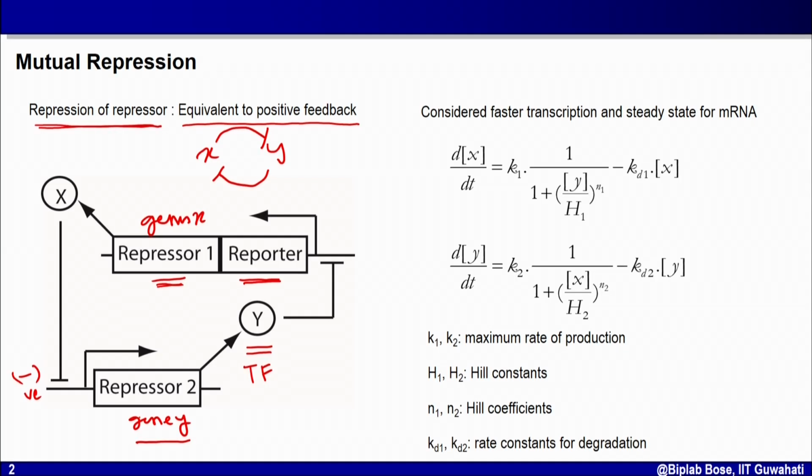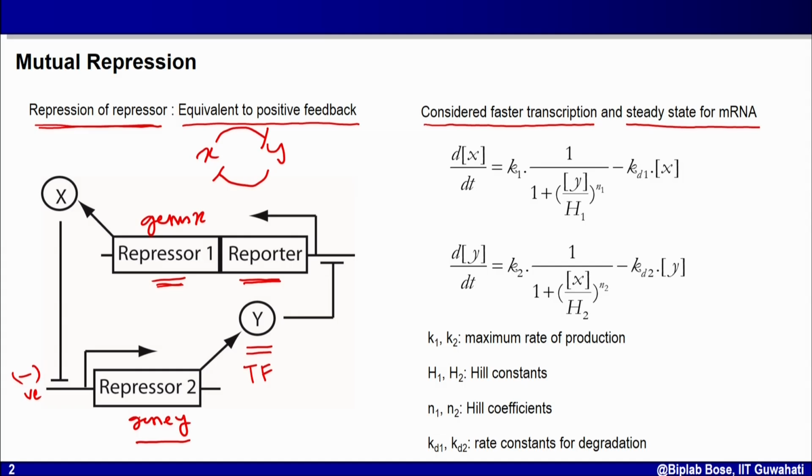One assumption that I will make here to simplify our model is that the transcription rate is very fast, and that's why the mRNA reaches steady state much before the protein can reach steady state. So the assumption that I am making is faster transcription, and that leads to steady state for mRNA.